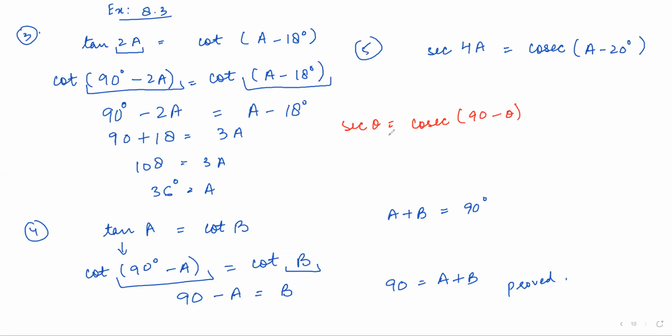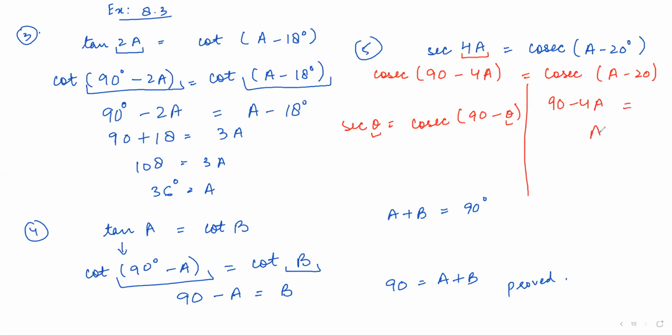Yes, ma'am. So whatever I have here, this will be 90 minus. So this sec 4A, I can write cosec of 90 minus 4A, correct? Is equal to cosec of A minus 20. So this implies that 90 minus 4A is equal to A minus 20. Now you can simplify and find the value of A. Tell me how much is A from here?